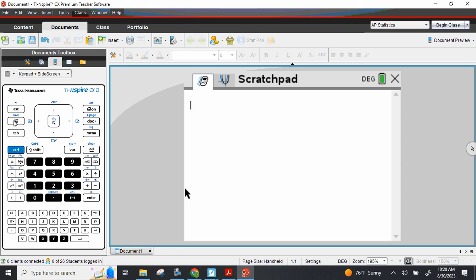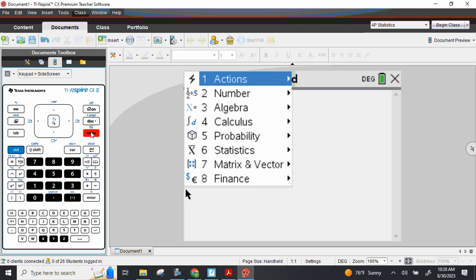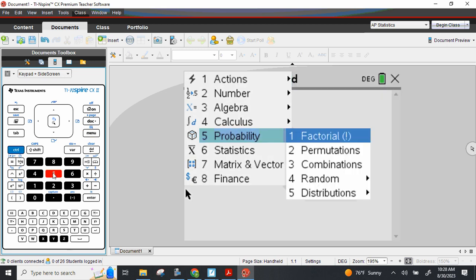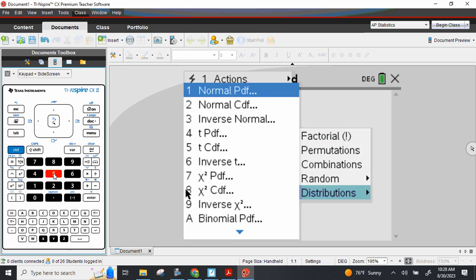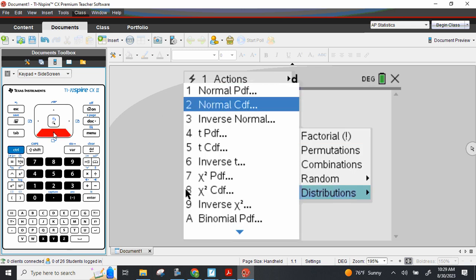I'm going to hit menu. Now I'm going to hit probability. The only 2 we'll ever use are 5 and 6, probability and statistics. So I'm going to choose probability, number 5. And now I'm going to go to distributions, 5. And we're going to choose normal CDF. Never, ever use PDF.